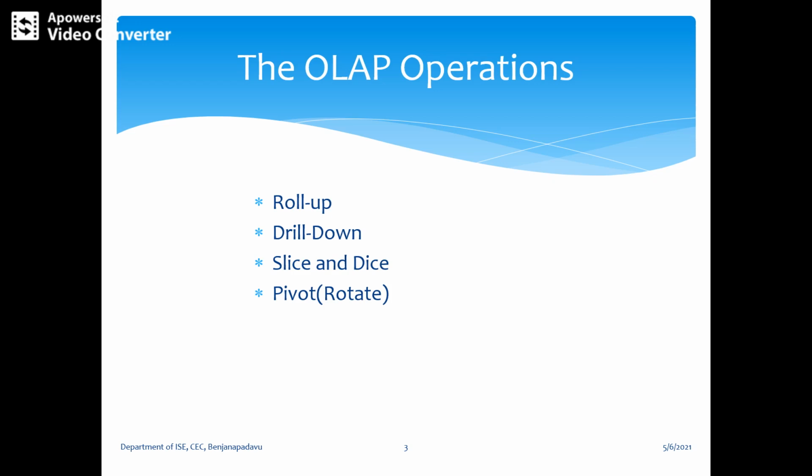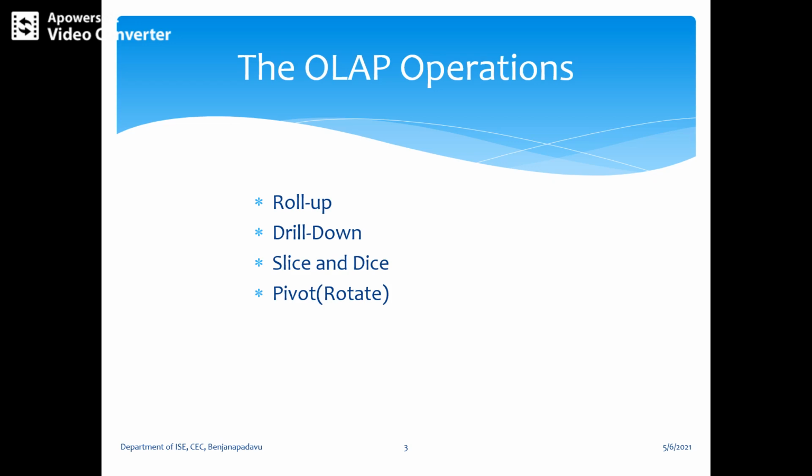Now, with this example, there are four typical OLAP operations: roll-up, drill-down, slice and dice, and pivot, which in brackets we can call rotate. We will discuss them one by one, and the last slide will have a diagrammatic representation of all the operations together.